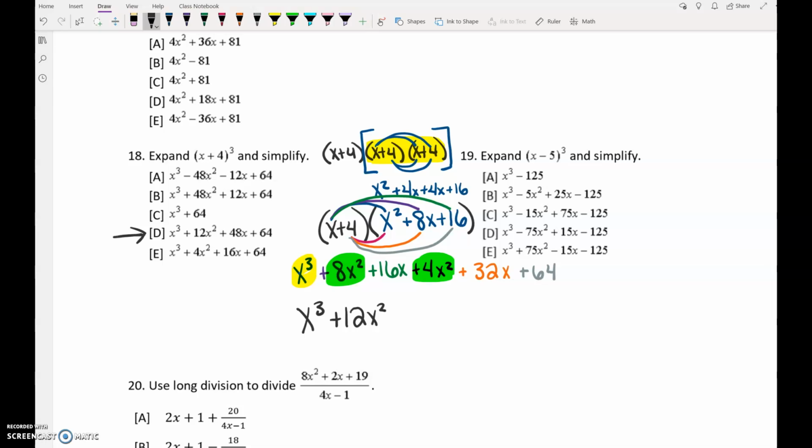You don't have to fully do this problem. Get as much as you need to get your answer and then stop. But if you did want to continue, 16x plus 32x would give you 48x, and then plus 64 at the end.